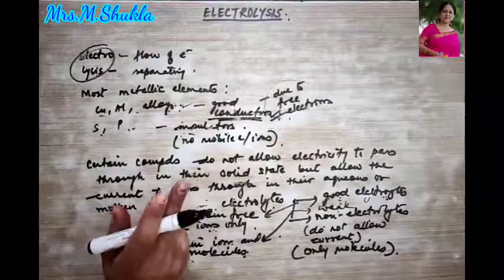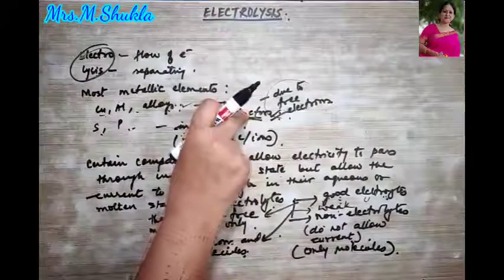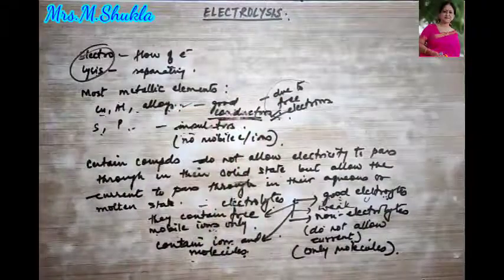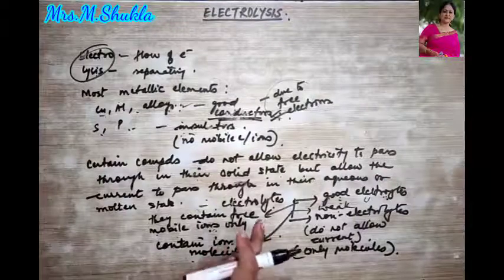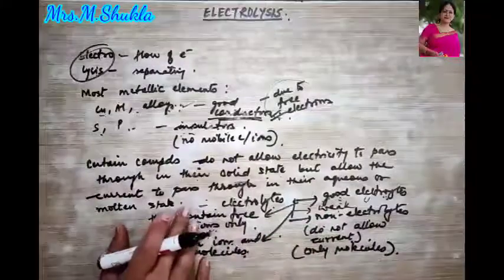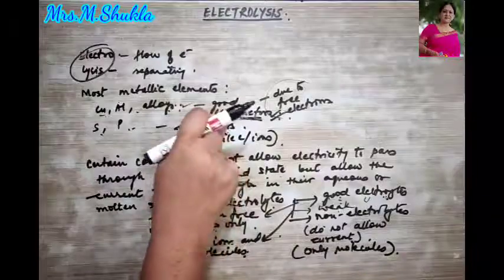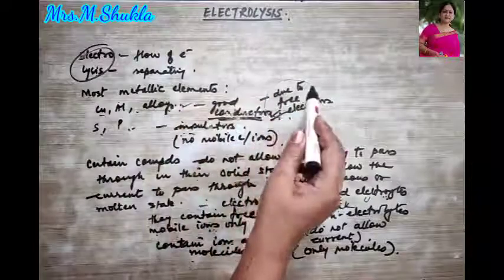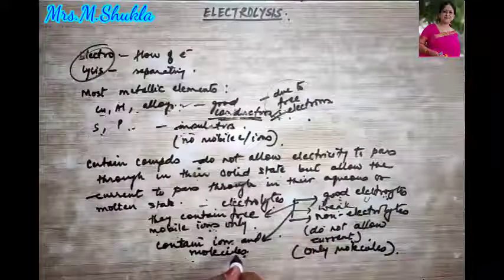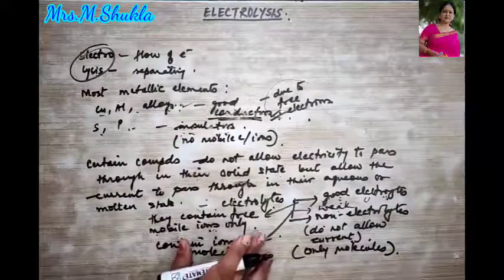Then the next important point: conductors allow current to pass through even in the solid state, liquid also, but also in the solid state. Whereas electrolytes do not allow electricity to pass through in the solid state. They only allow the current to pass through in the aqueous or molten state. Then the next point: good conductors allow electricity to pass through due to free electrons, whereas electrolytes allow electricity to pass through due to free mobile ions, right?